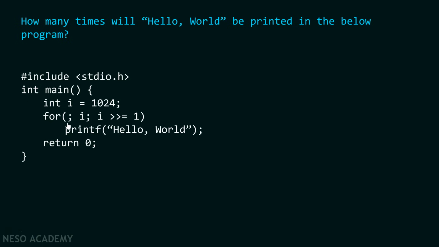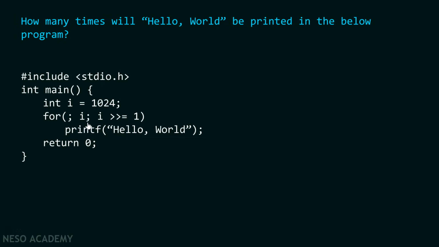There is no problem in skipping the initialization step, but you have to mention this semicolon over here. If you didn't mention this semicolon, then the compiler won't be able to recognize whether the next step is an initialization step or a condition checking step. So it is very important to mention this semicolon. You can definitely skip the steps, but you have to mention these semicolons. You can also skip this step, but you have to mention this semicolon again.